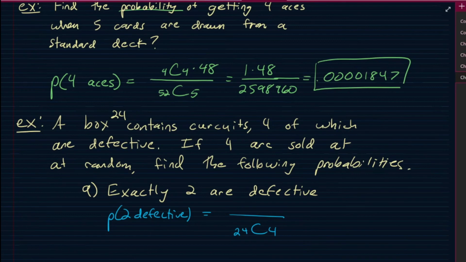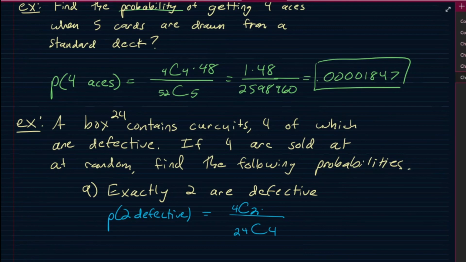So we want 2 to be defective, and there's 4 that are defective. And the order doesn't matter, so that's 4C2. But we've only chosen 2. We've got to choose 2 more. And we want to choose it from the non-defective ones because we want to make sure we're getting exactly 2. We've already made sure we've got exactly 2.